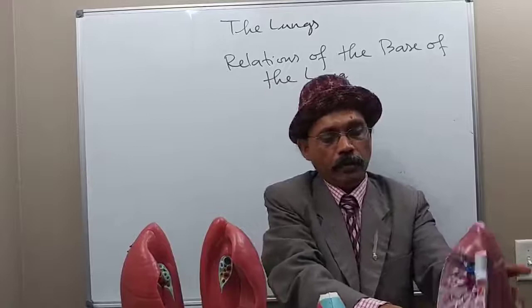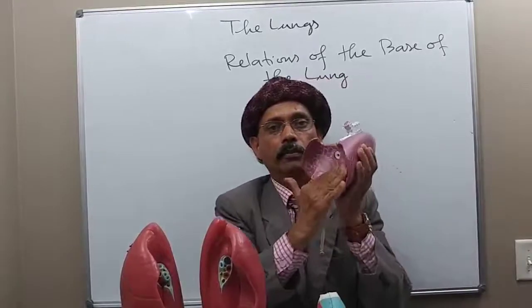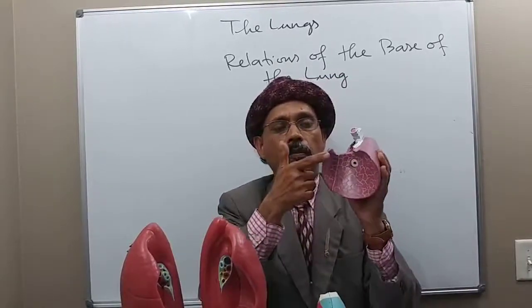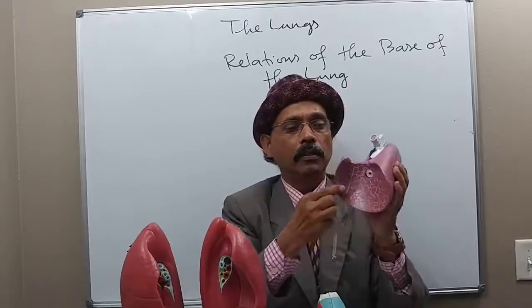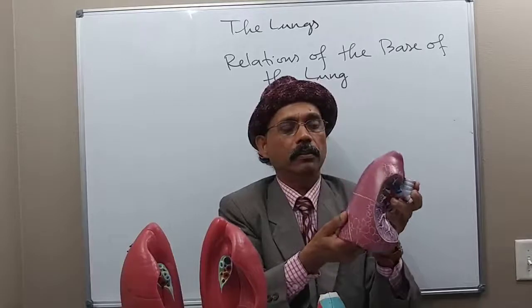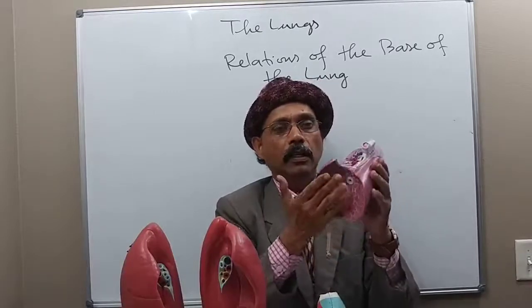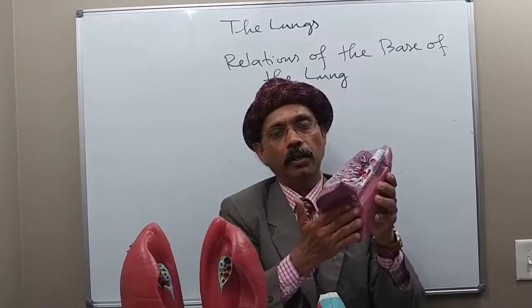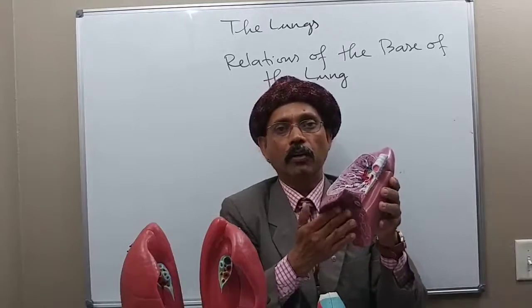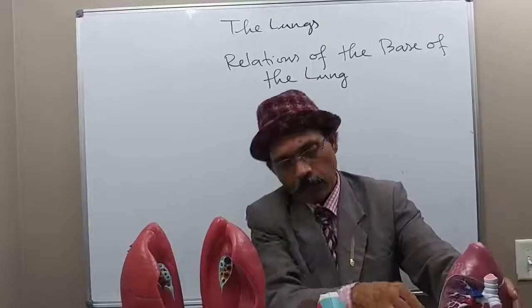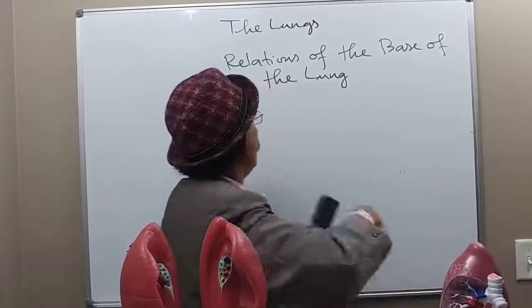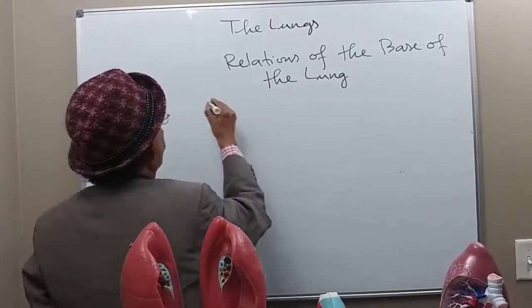The base is surrounded by the inferior border of the lung. This is the right lung, and the base is related to the right dome of the diaphragm and the right lobe of the liver.